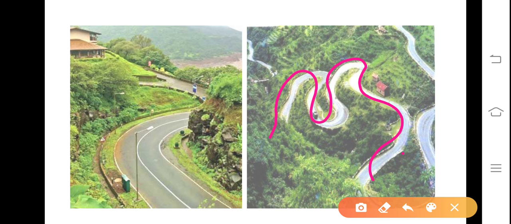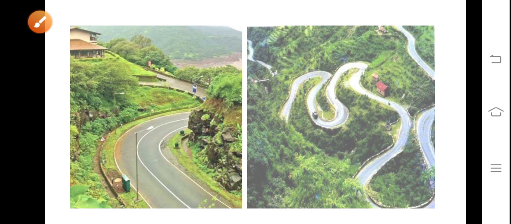Horizontal curve and vertical curve, the two serpentine curve. It is very dangerous and severe and difficult and discomfort for the driver to drive the vehicle. That is the reason why grade compensation is a very, very essential part.